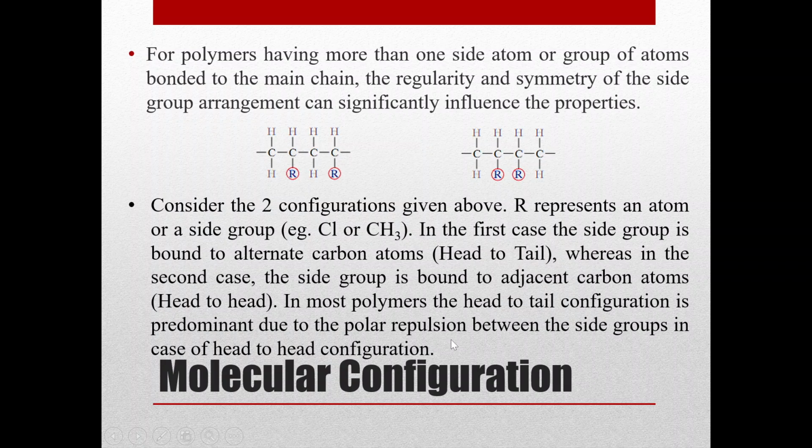So during the formation or polymerization, there will be repulsion between the side groups, and because of that, normally one would find a head to tail configuration between the side groups. Because of the repulsion, one would very rarely find a head to head configuration, which is seen here.